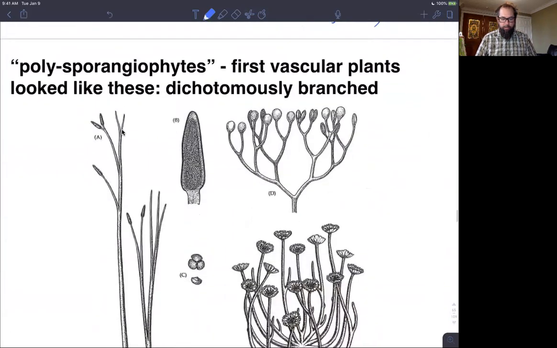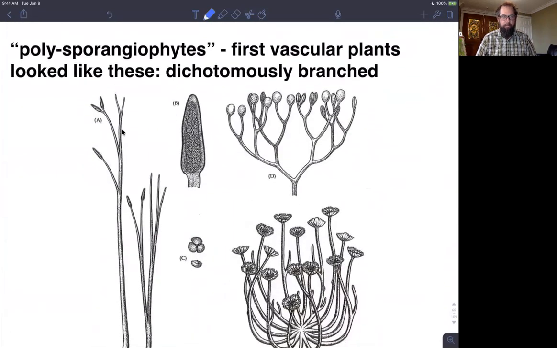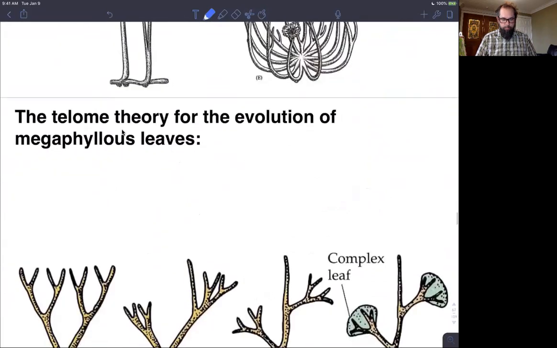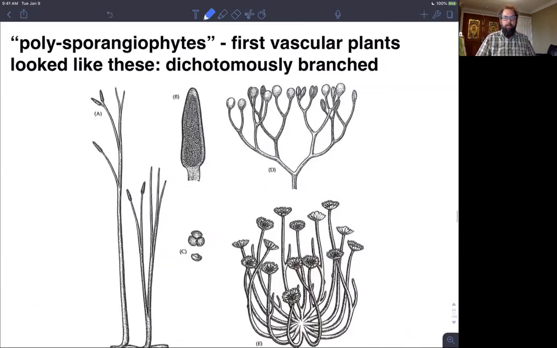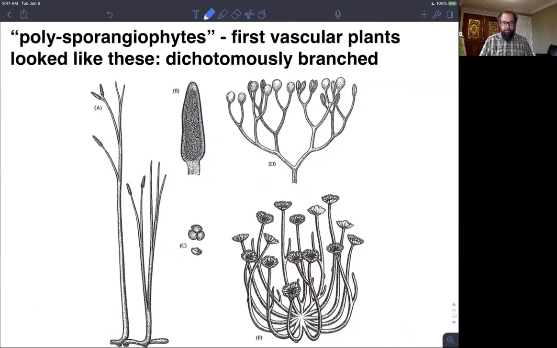What I want to do is remind you real quickly about these first polysporangiophytes and their branched sporophyte structures. I told you that these got bigger and then acquired vascular tissue through time.